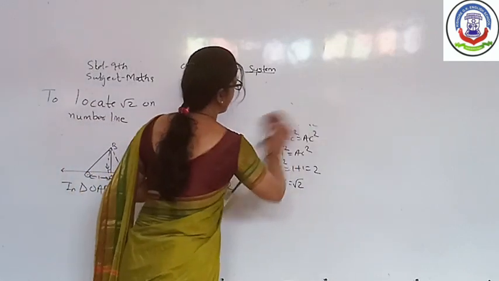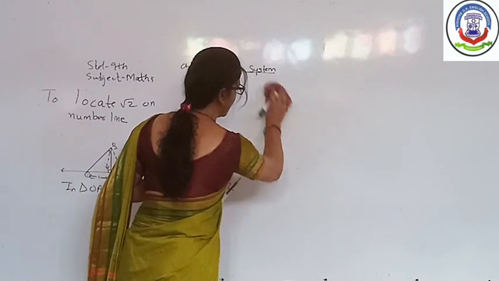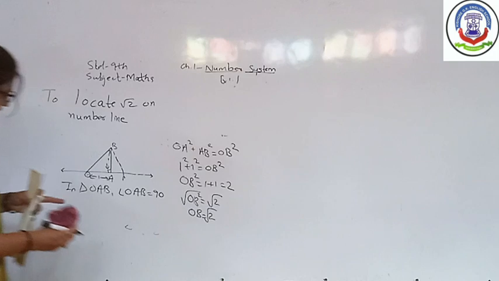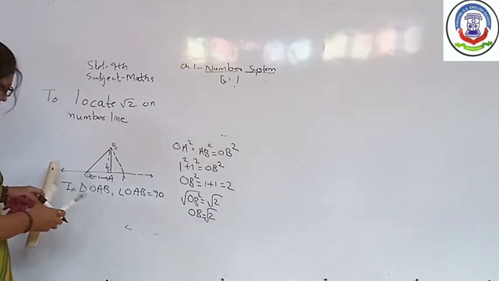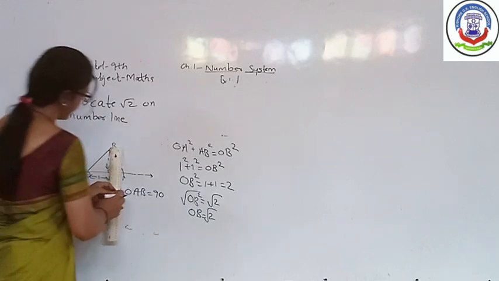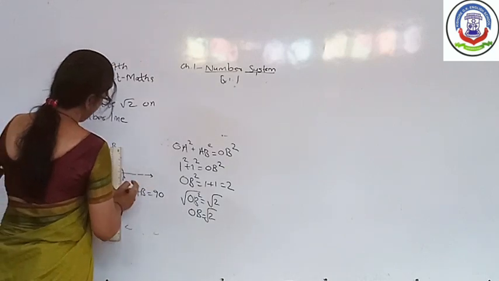Now, if we want to represent root 3 on the number line, we will follow the same method on the same number line at point P. Draw the right angle with the help of a protractor.